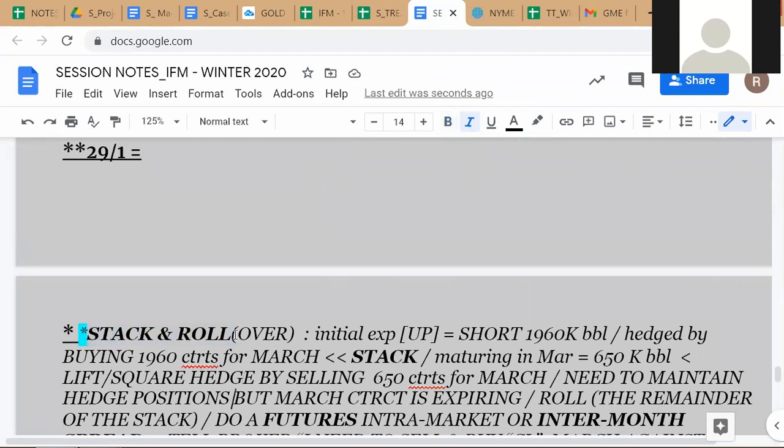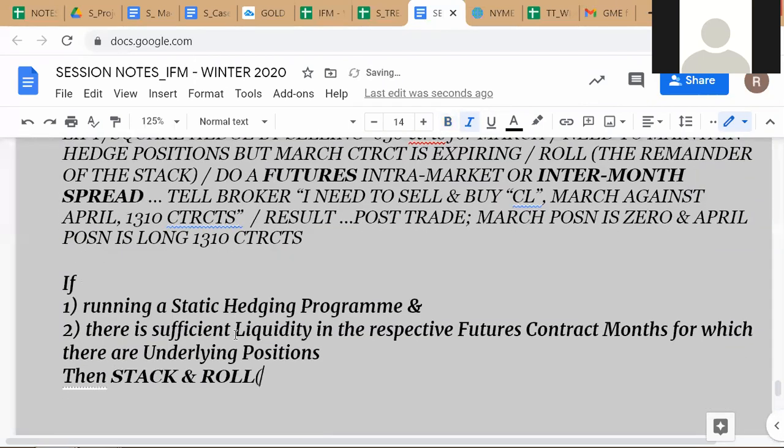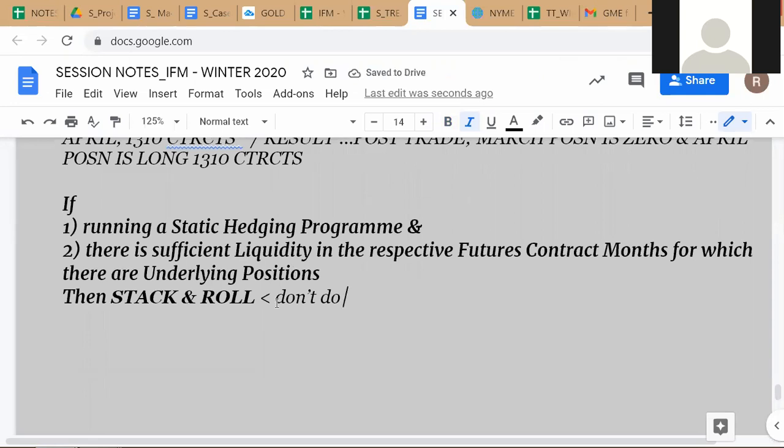This is the point of Siddharth's question, which is a good question because he brings out this point. Stack and roll, so I will say, don't do. Just to save my writing, stack and roll doesn't make sense because you're running a static hedging program, which means you're going to hedge and forget, and there is sufficient liquidity in the respective futures contract month.